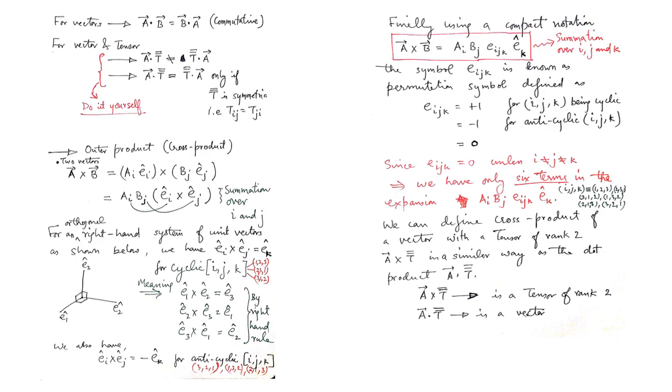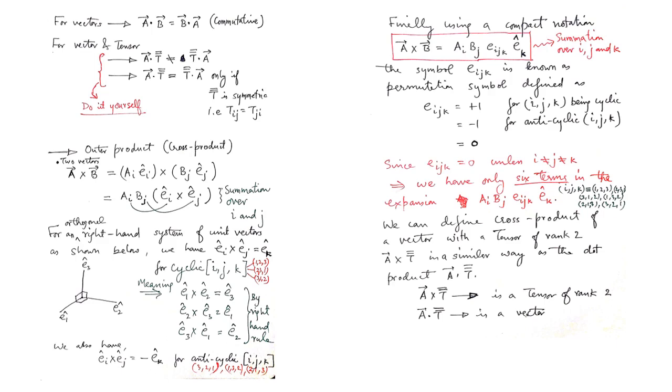So again, we can write it as Ai Bj and ei cross ej. Again, we explicitly show the repeating indices, and summation over them is implied. The repeating indices are i and j, and therefore summation over i and j is implied. We also see that the result is a vector. Why? Because Ai Bj are scalars and ei cross ej behaves as a vector.